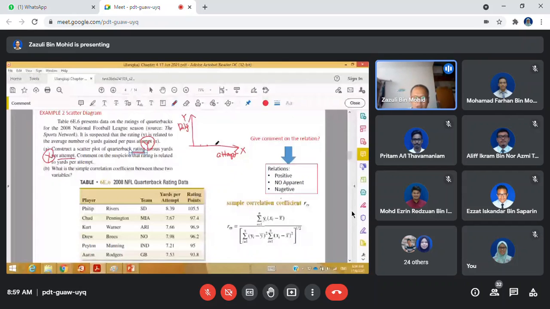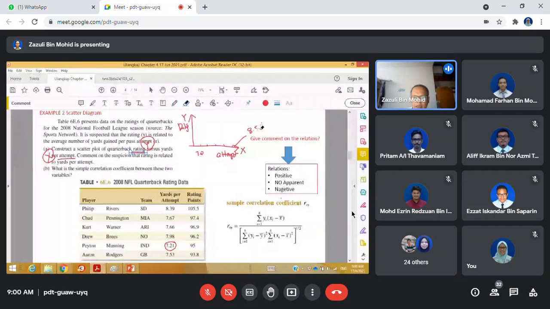So the minimum is 7.1. Okay, maybe you can put the minimum as 7.0 and the maximum is 8.39. Okay, maybe for the maximum you can put 8.5. Don't put it as 8.39.